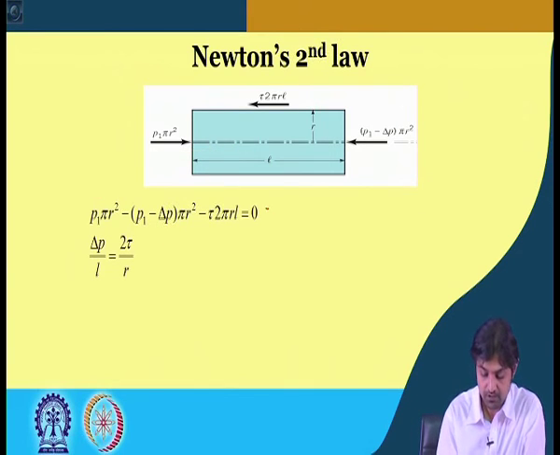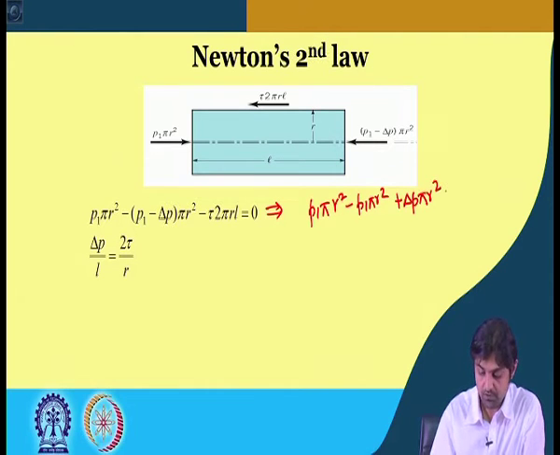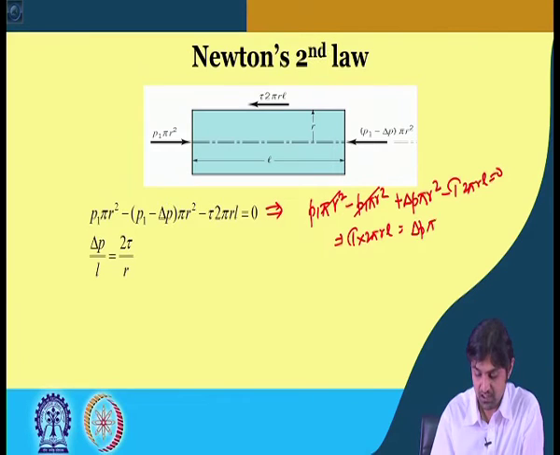All right. So, it will be P1 pi r square minus P1 pi r square plus delta P pi r square minus tau 2 pi RL is equal to 0. So, expanding, this gets cancelled. So, we can write tau into 2 pi RL is equal to delta P pi r square.